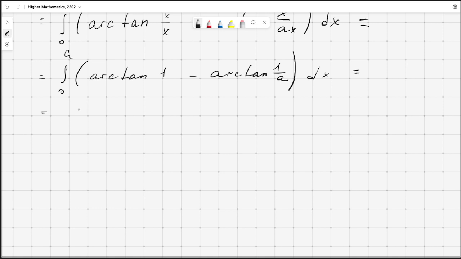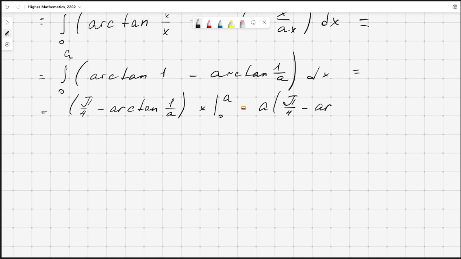And we have pi over 4 minus arctangent 1 over a times x from 0 to a, or just a times pi over 4 minus arctangent 1 over a.